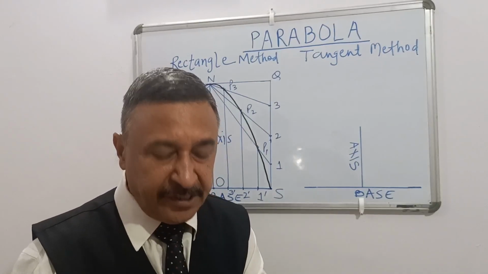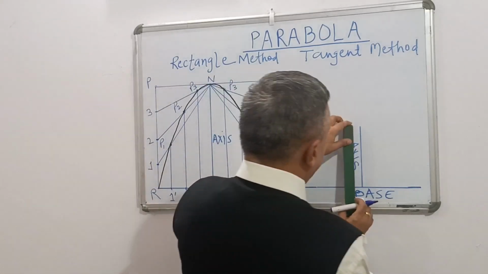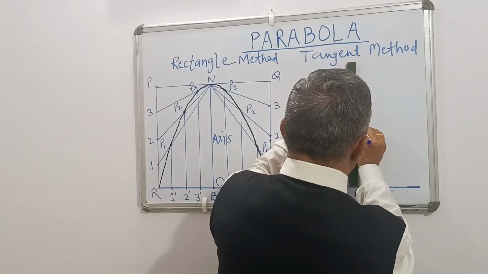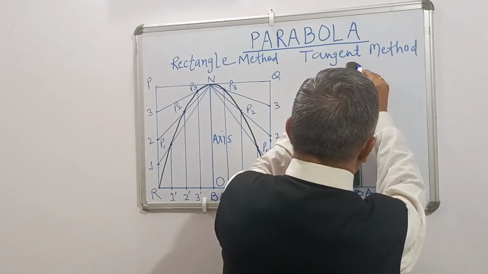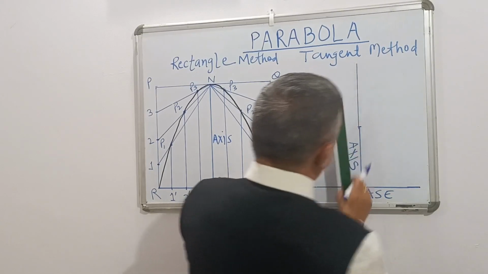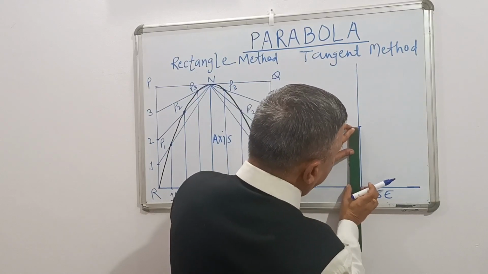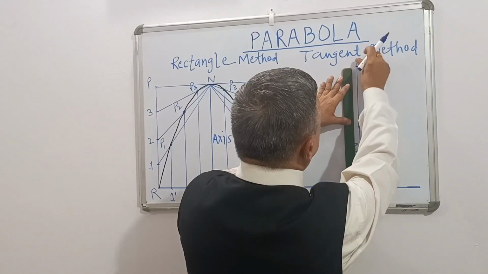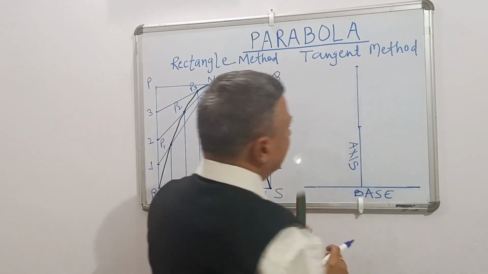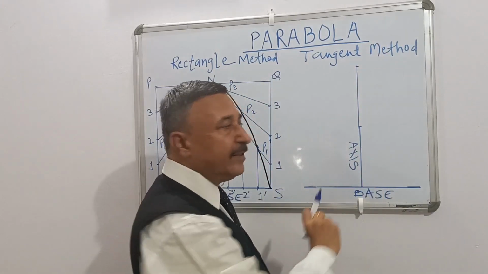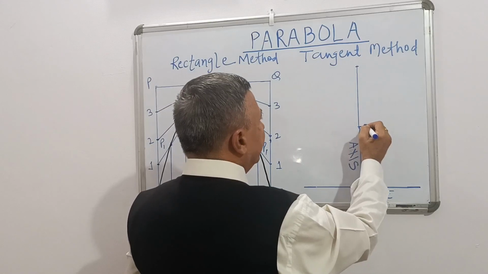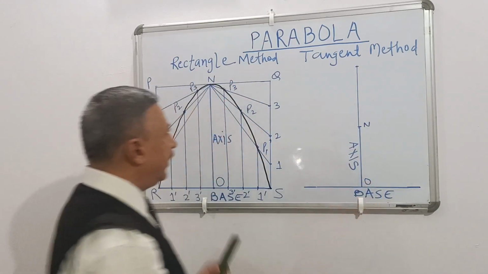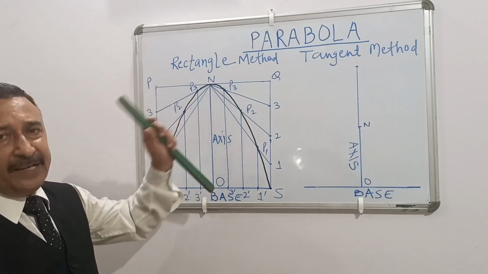Now how? See here, whatever this is, your axis, I am going to double it. Whatever the length of the axis given, you should double it. This is the length of the axis and we just double it. This is our point N and O, as in the last case.